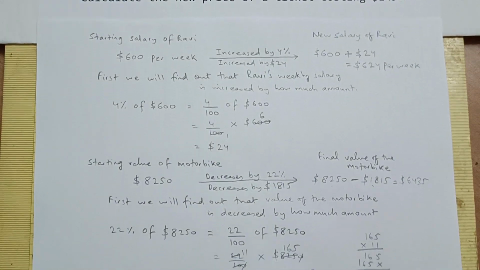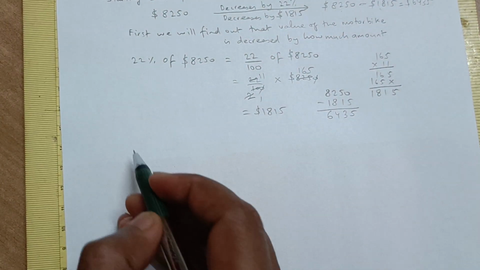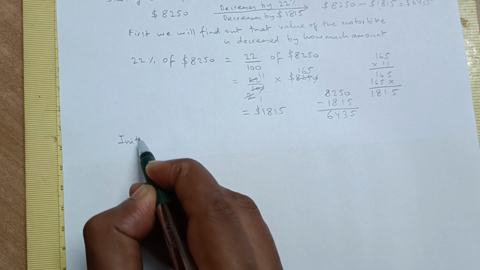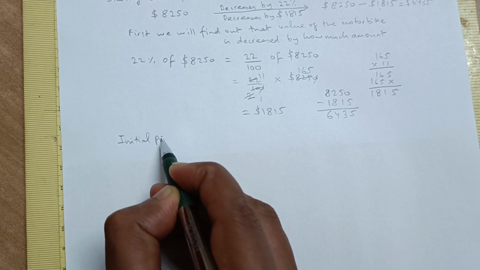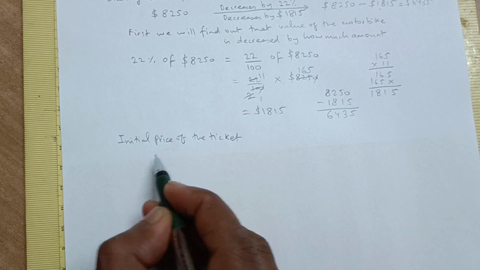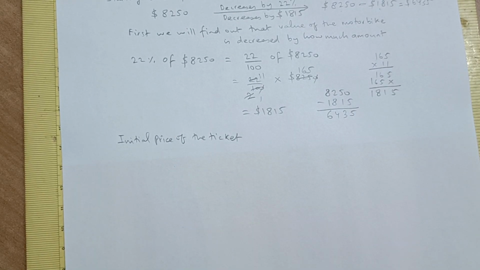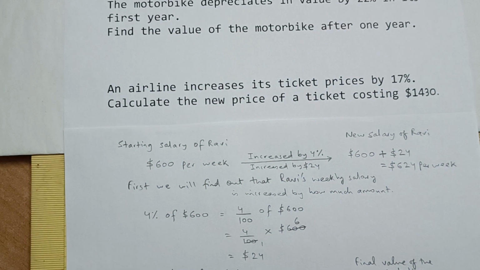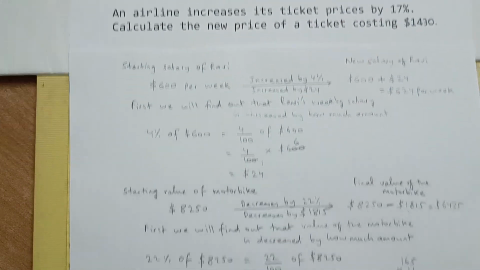Okay. So what is the initial price of the ticket? Or you can say the starting price, or the beginning price of the ticket. The initial price of the ticket is $1430.